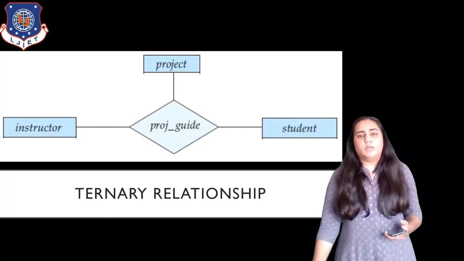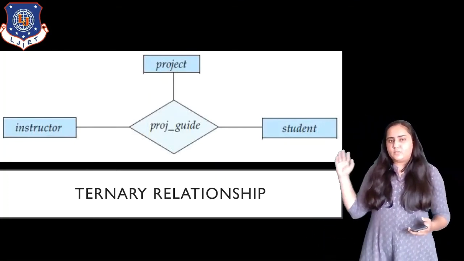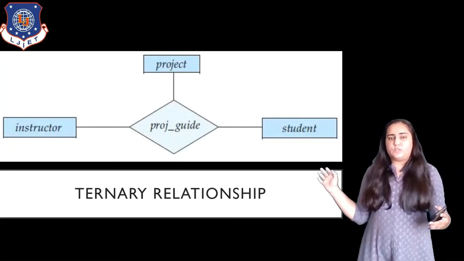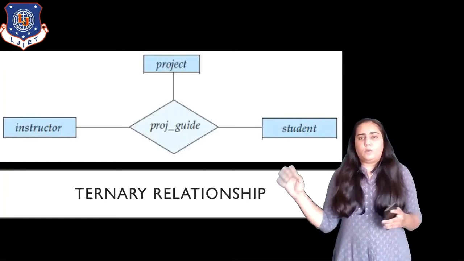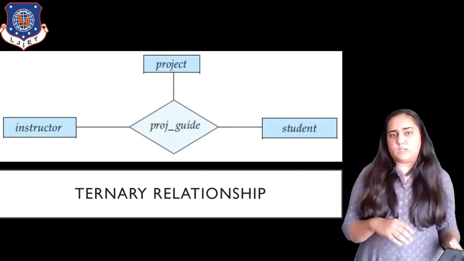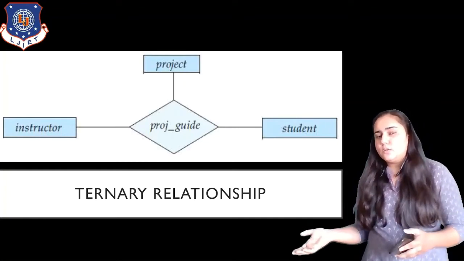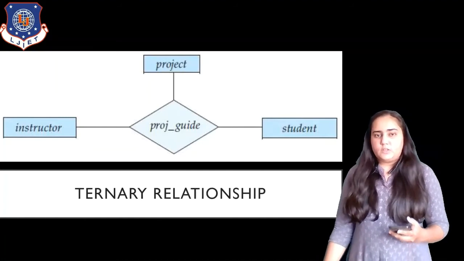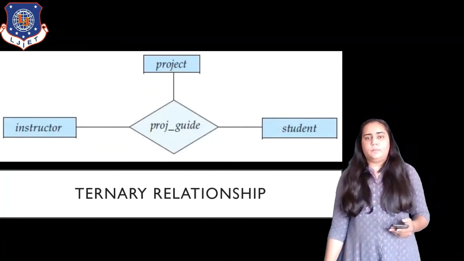It's all right. So a ternary relationship has three entity sets involved. And this is the type of relationship that says one student is working on one project, and then one instructor is guiding that student as well as that project that he or she is working on. So that's a ternary relationship.